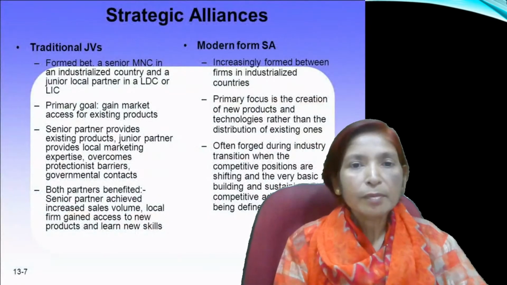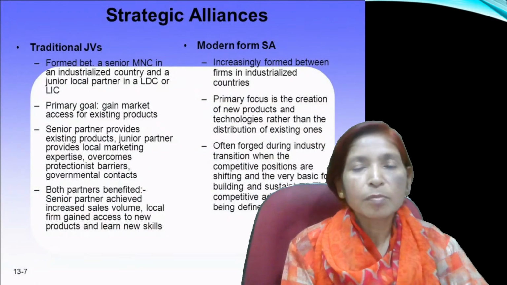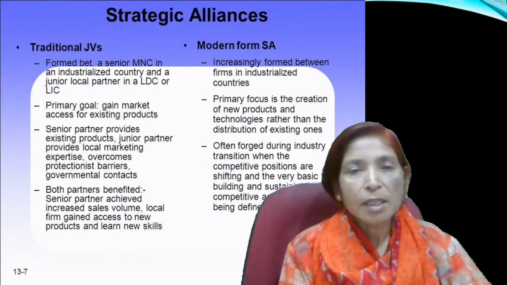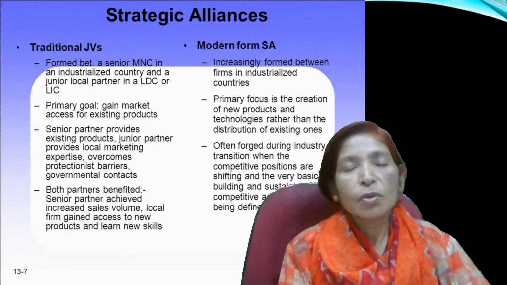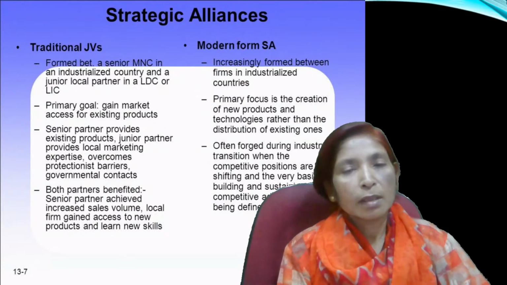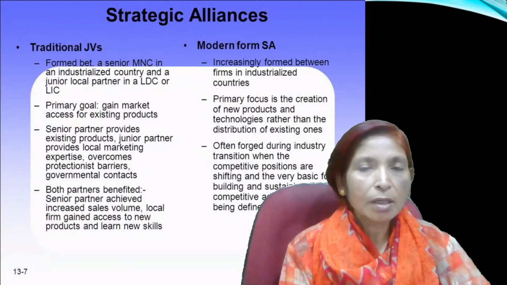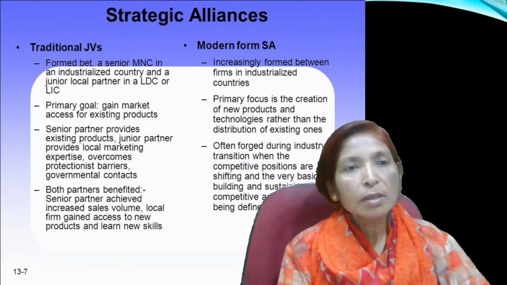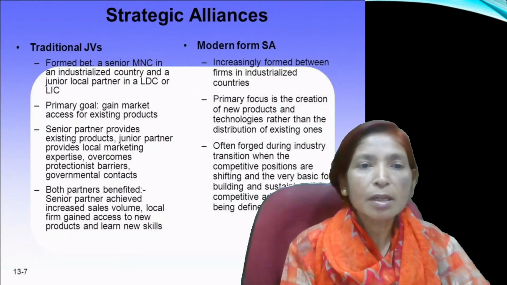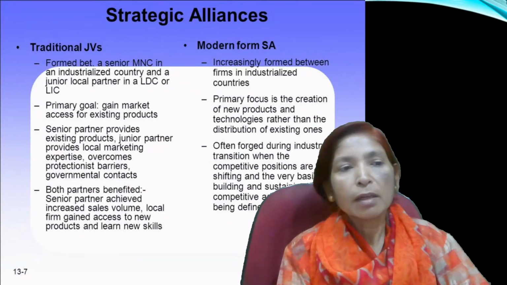Next is strategic alliances: traditional joint ventures and the modern form of strategic alliances. Traditionally, strategic alliances were known as joint ventures, but in the modern scenario they are known as strategic alliances. Traditional joint ventures were formed by a senior MNC in an industrialized country and a junior local partner in a less developed country.